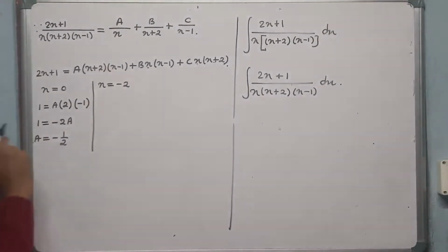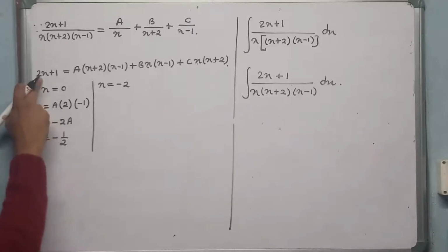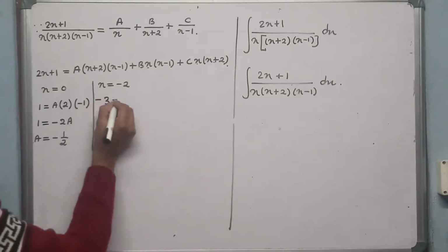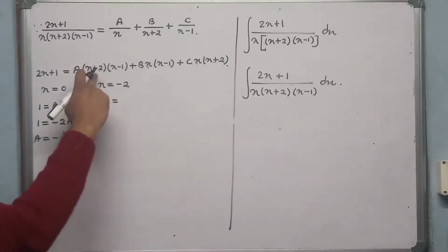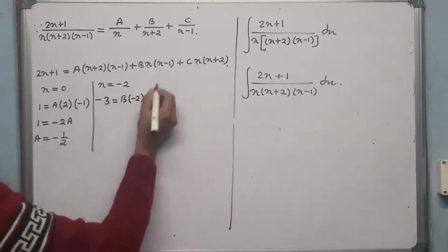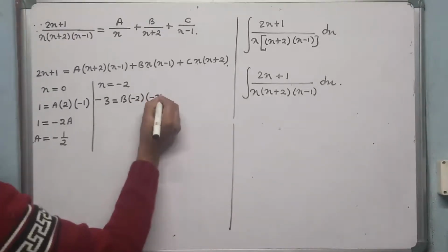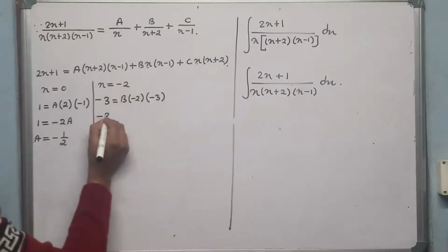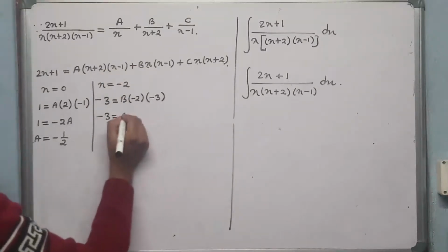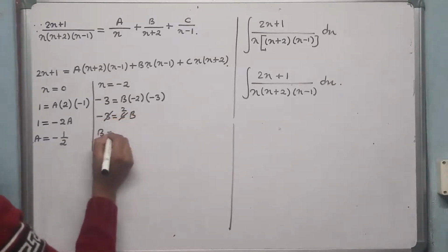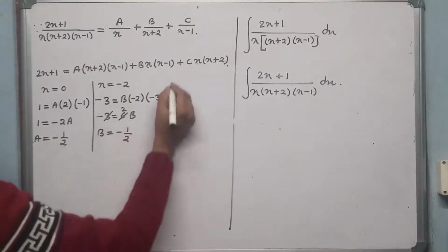If I consider x equals −2, −2 into 2 is −4, plus 1, it is −3. A will be 0. Now this one will be B into (−2), then −2 − 1 will be −3. This one will be 0. So −3 equals 6B, since 3 twos are 6. Then B equals −1/2.